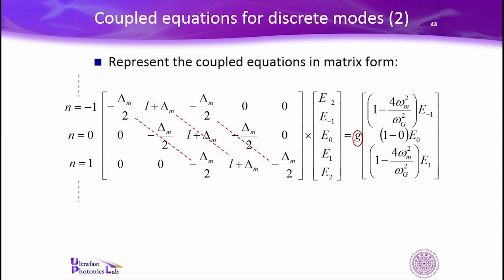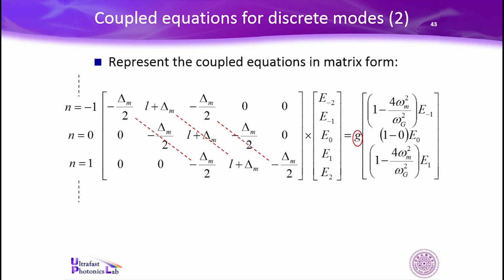This is the unknown vector to be solved: the phasors of different modes. These are the unknowns you want to solve, right? And this is the matrix where you only need to know delta M and L, the modulation depth and the cavity loss, which are two parameters you should be able to get in advance.